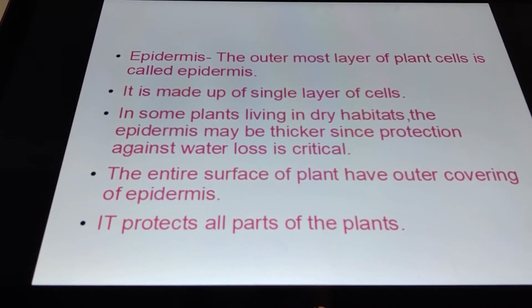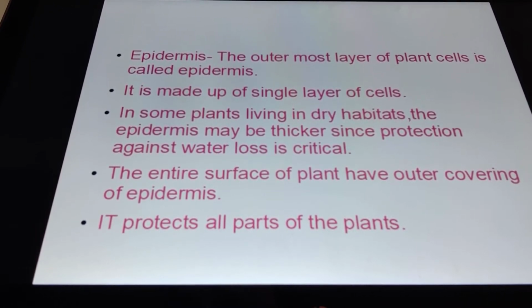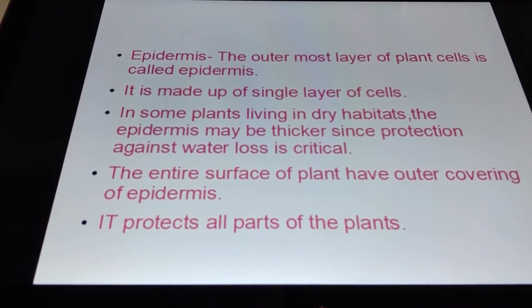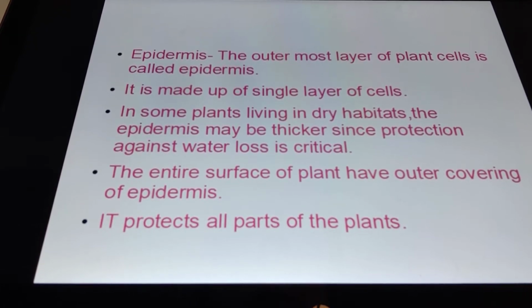As it is the outer covering, it has a very important function, that is protection. It protects the inner parts of the cell organelle. It has a protective role to play, and hence the cells of epidermal tissue form a continuous layer without any intercellular space.